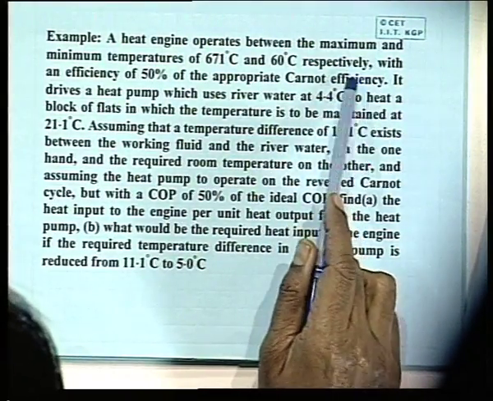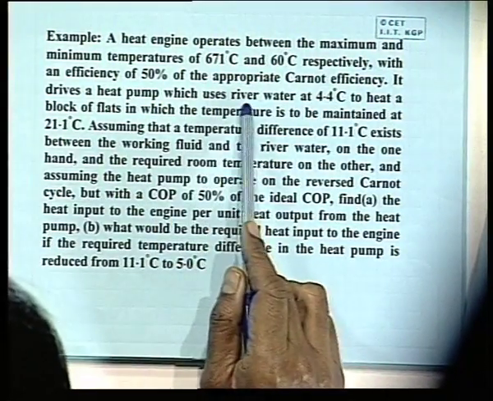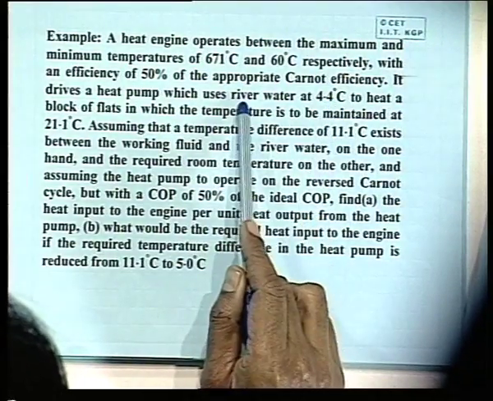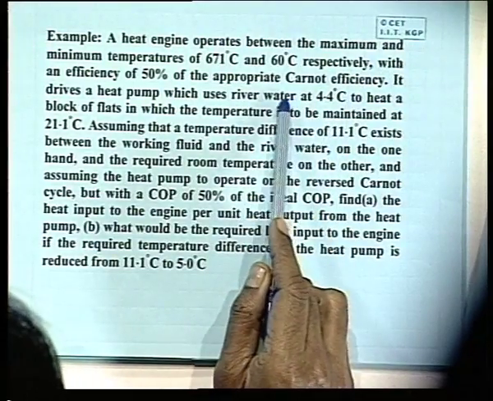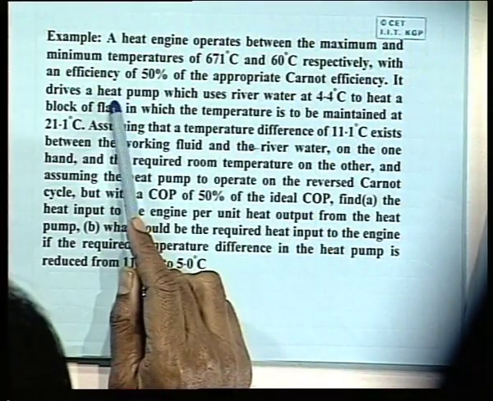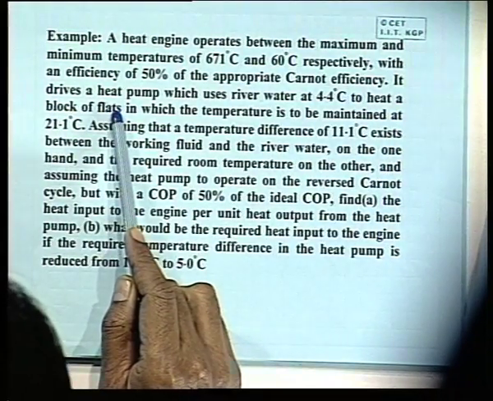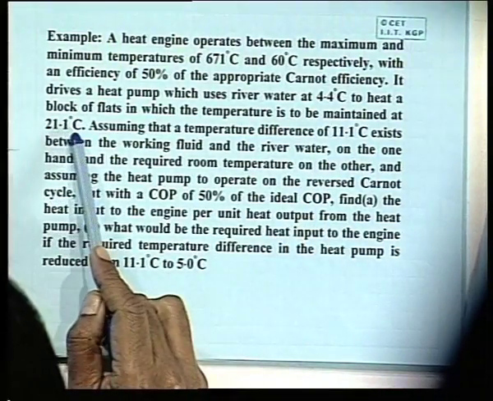Well, then this heat engine drives a heat pump which uses river water at 4.4 degrees Celsius. That means from this temperature of 4.4 degrees Celsius, that of the river water, heat is being extracted by the heat pump to heat a block of flats, where the temperature is to be maintained at 21.1 degrees Celsius.